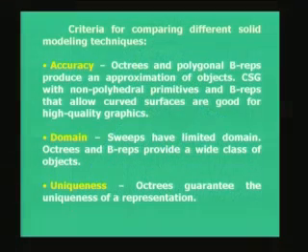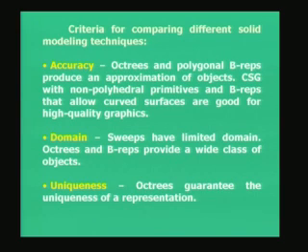That is not the case for others. So, you see that octrees guarantee uniqueness of representation, which may not be there for polygonal boundary representations or constructive solid geometry, because you may approximate curved surfaces with polygons, or you might use curved surfaces.